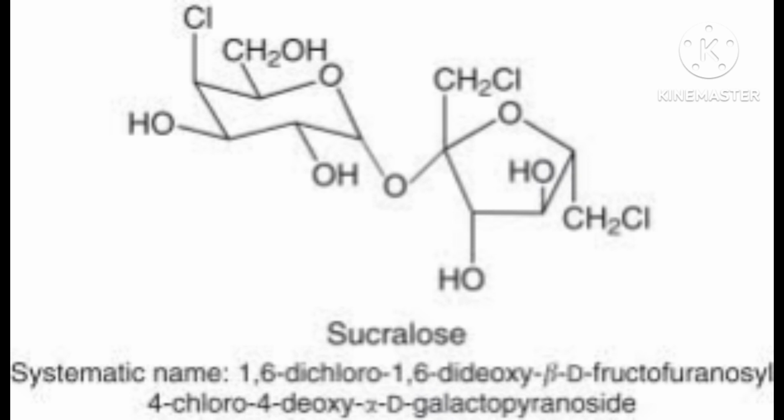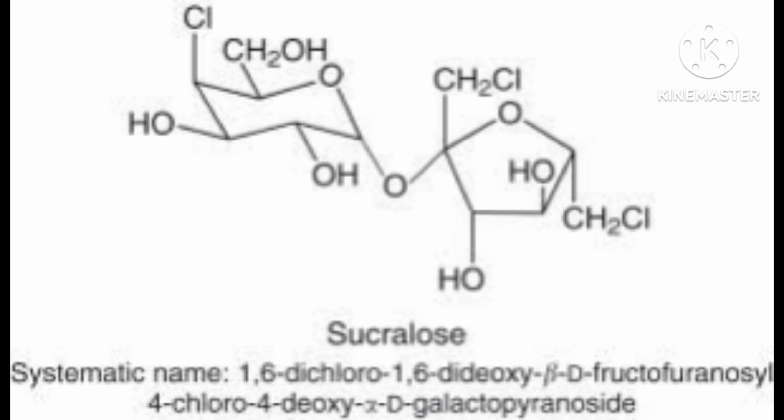Sucralose. It has a long, complicated structure, and it is 600 times sweeter than sucrose, meaning cane sugar. Cane sugar is taken as the standard; in comparison to cane sugar, this is 600 times sweeter.